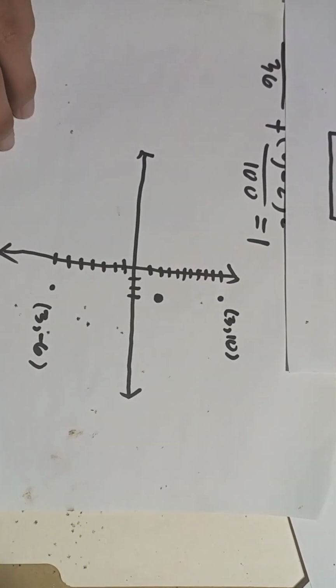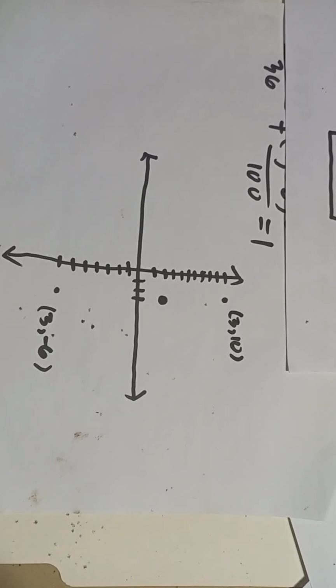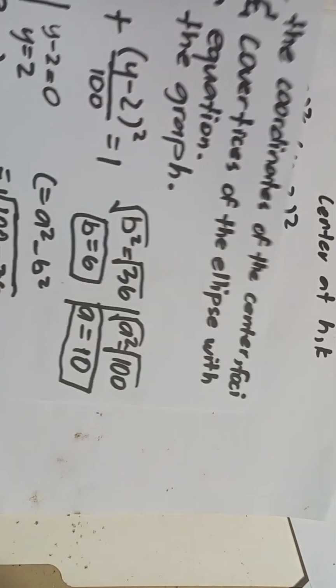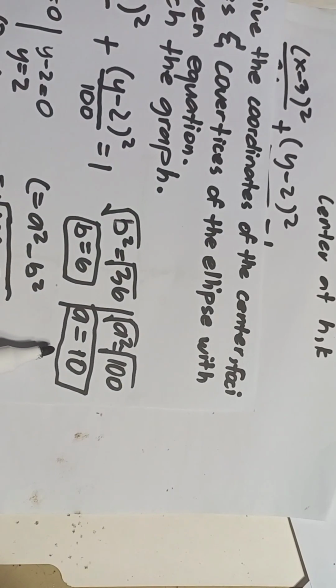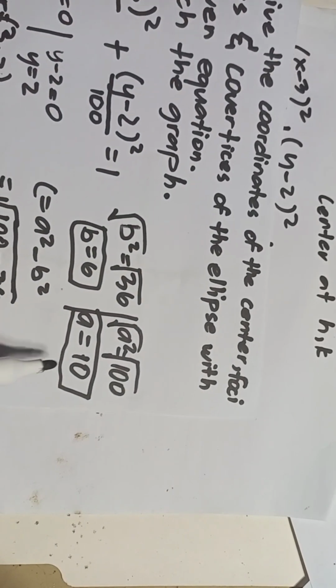Second, we are going to find our vertices. Our vertices are at 10, which is our a.